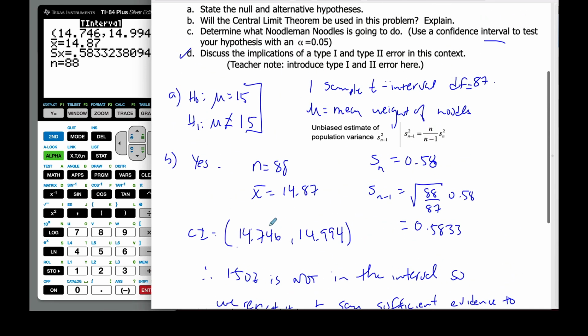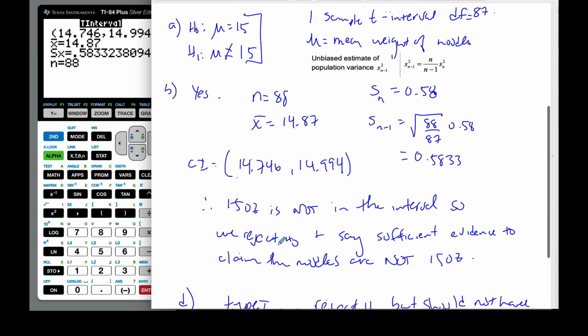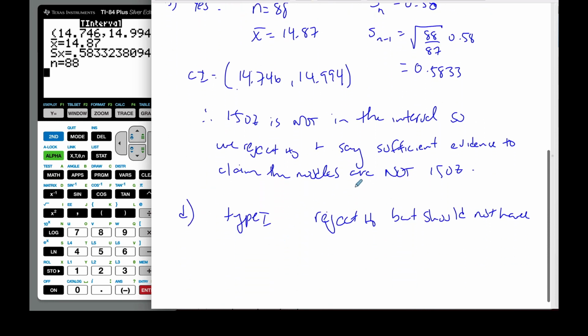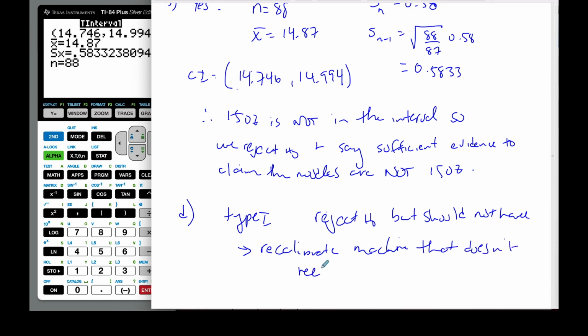If we made a type 1 error, we rejected the null hypothesis and claimed the noodles are not 15 ounces, and the consequence, if it's an error, is we will recalibrate the machine that doesn't need it, hence spending money without cause.